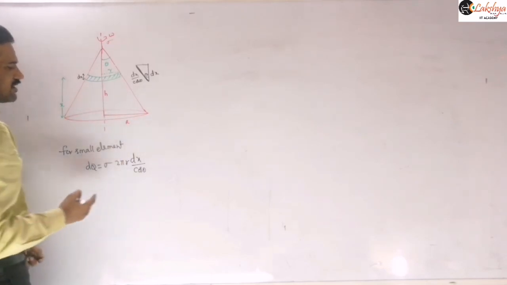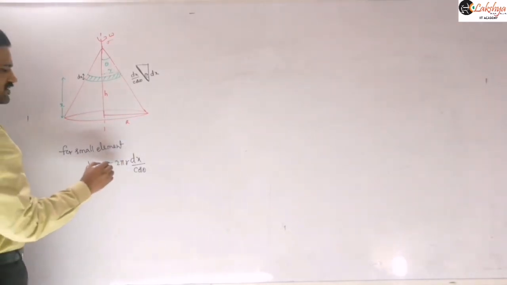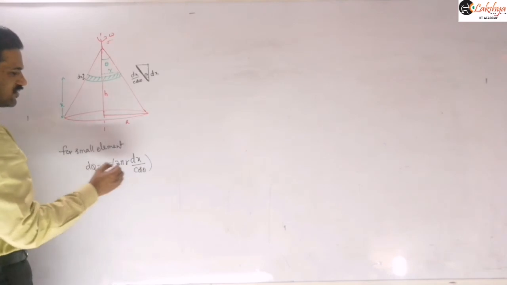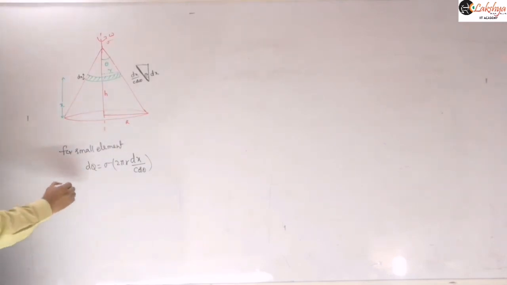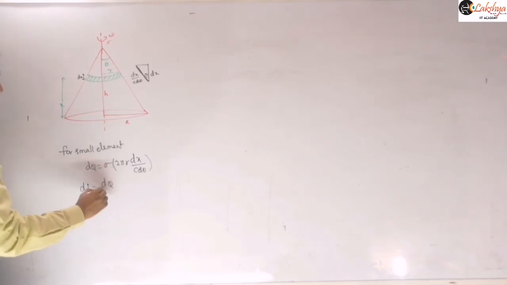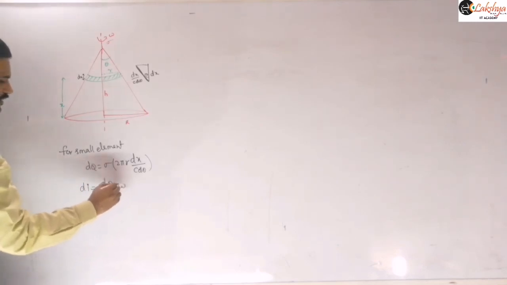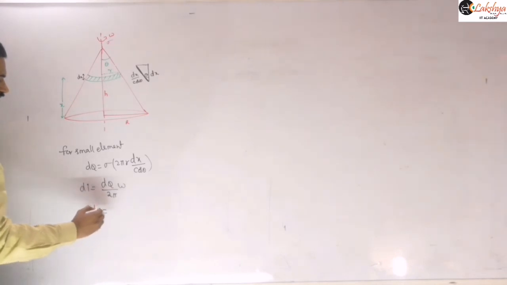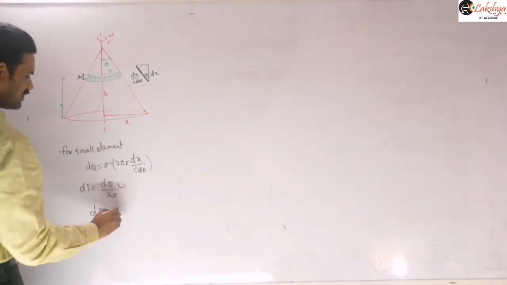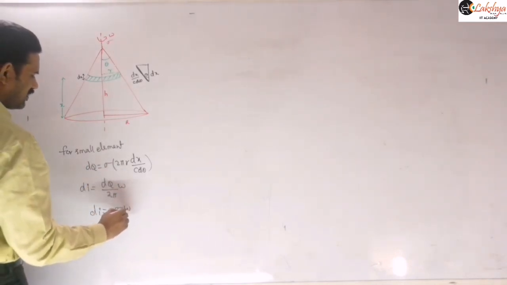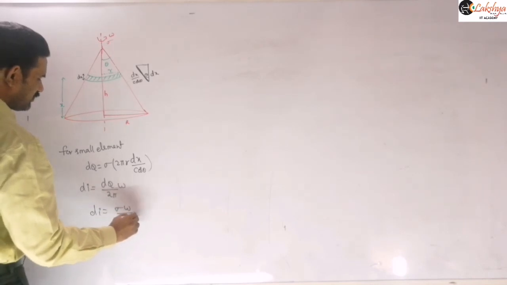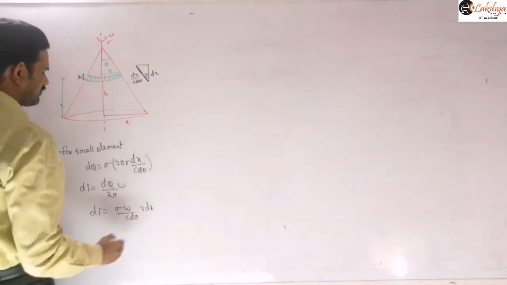So that is 2 pi r dr, into sigma, the surface charge density there, right? Now the current. So di is equal to dq by 2 pi into omega, and therefore this di is equal to, again this 2 pi will be cancelled, sigma omega by cos theta into r into dx.